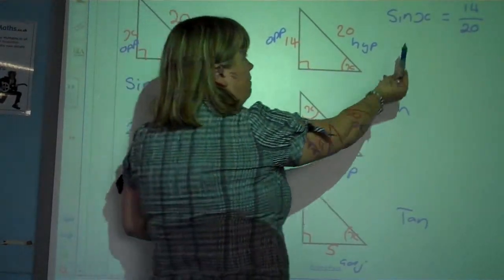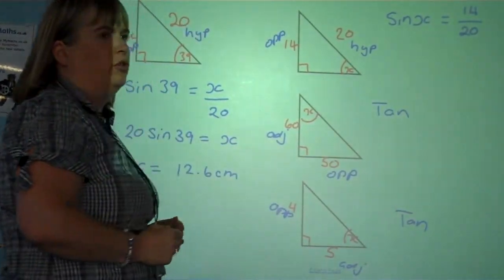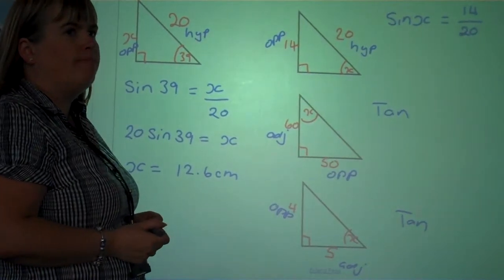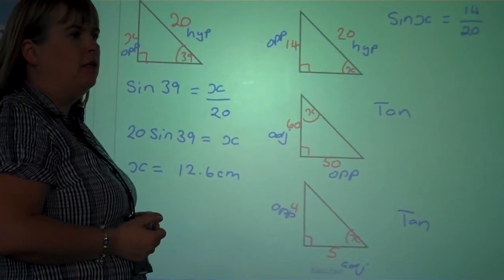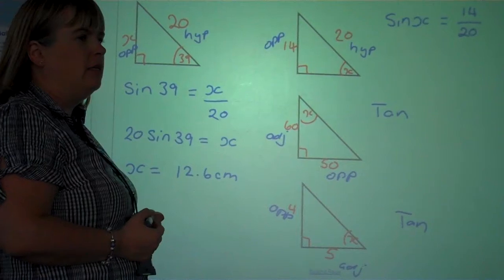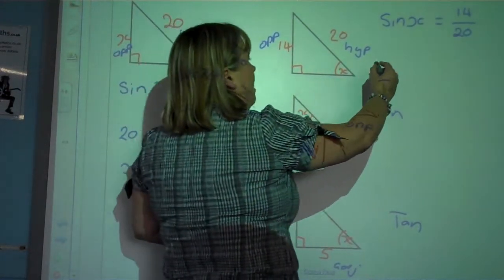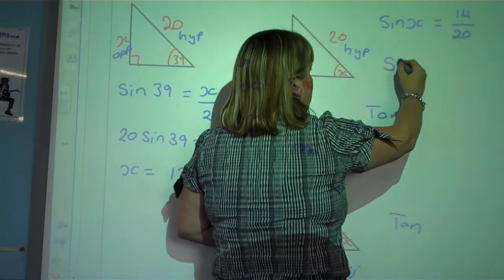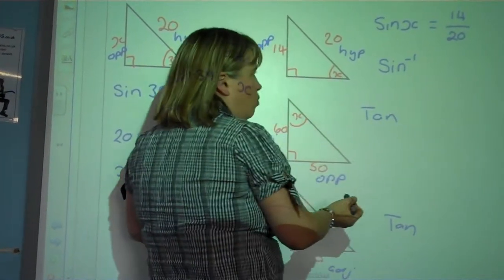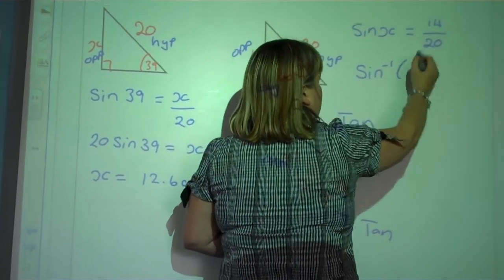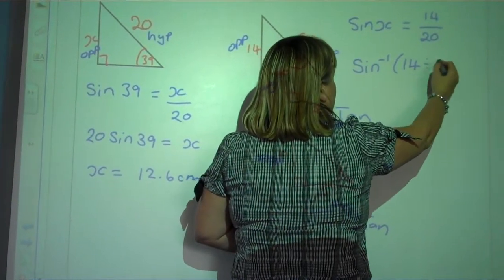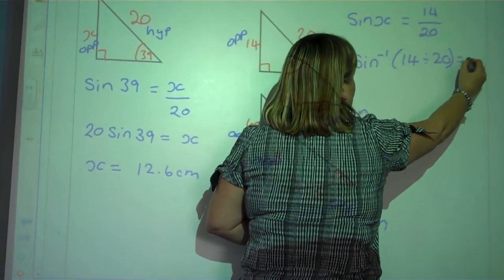So, if I'm trying to find an angle, what do I have to use? Instead of sine, what's the opposite of sine? Cos. No. How about inverse sine? So sine to the -1 bracket 14 divided by 20. Okay?